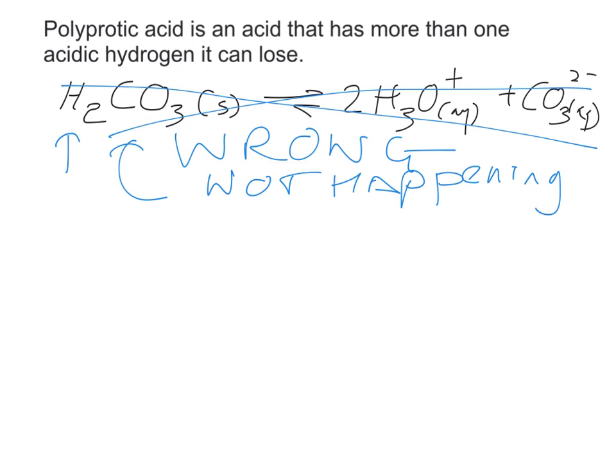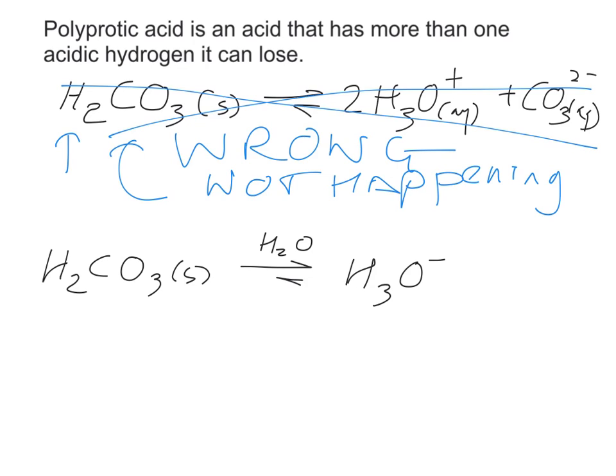Both hydrogens won't leave the carbonate. Here's why. Let's think about the effects of removing that first hydrogen. We have carbonic acid. We place it in our water, and some of the molecules dissociate to form the hydronium ion and the bicarbonate ion.